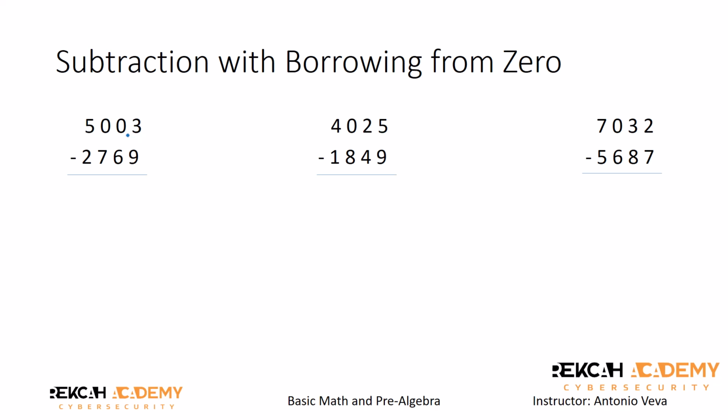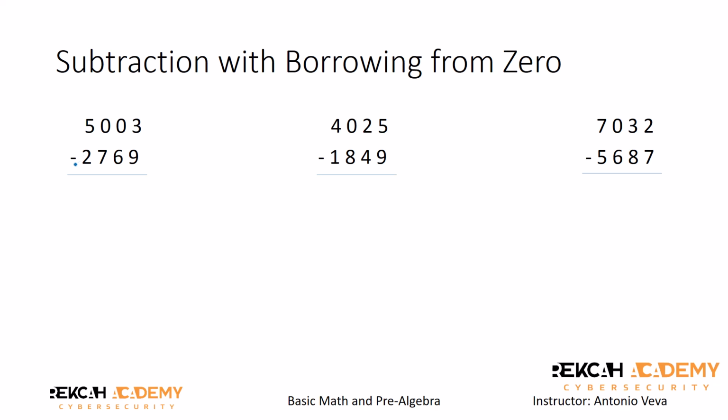So we need to borrow. Let's fix this so you don't get confused. First things first, when you see this kind of problem, you borrow from the next column. But since the tens and hundreds places have the digit 0, we need to borrow from the thousands place.